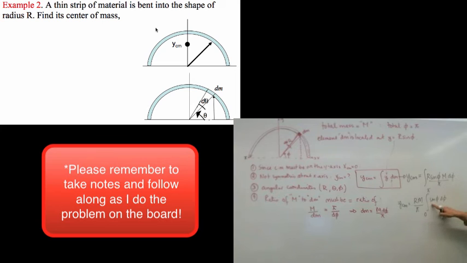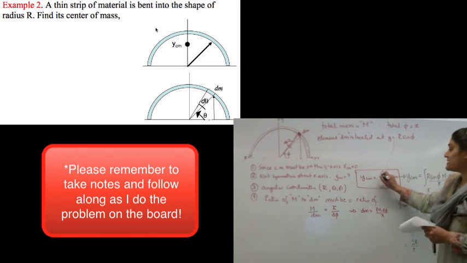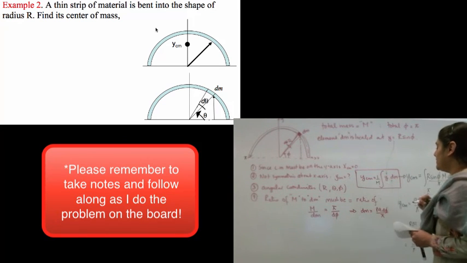What is the integration of sine? You guys can do that. rM over pi, sine integrates to minus cosine, phi goes from 0 to pi. You can solve it, and the answer comes out to be 2r over pi.